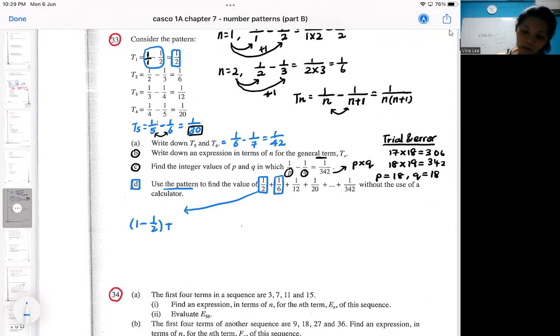1 over 6 is equivalent to half minus 1/3. 1 over 12 is equivalent to 1/3 minus 1 over 4.